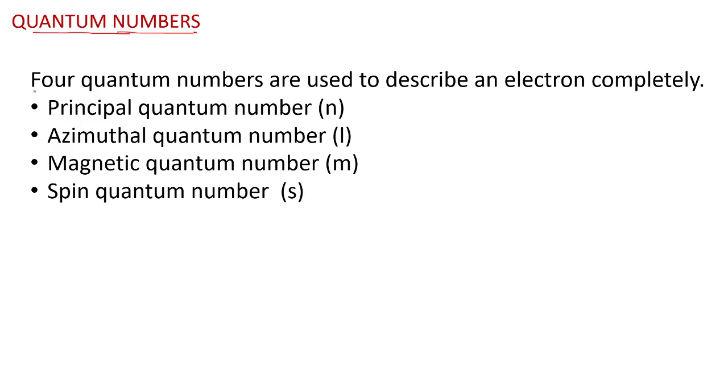There are 4 such quantum numbers which help to describe an electron completely. They are the principal quantum number, the azimuthal quantum number, the magnetic quantum number, and the spin quantum number. We will learn more about all these numbers in this session.